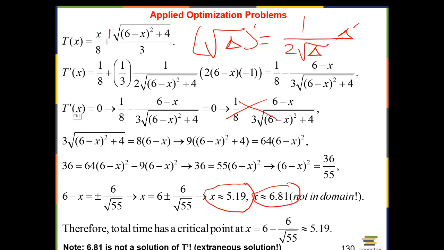Because the derivative really is not defined at 6, because 6 makes the radical not defined, but we set the derivative equal to 0 to find these two numbers, right? So this is a number we're going to see in the graph in a second, what we do with this. But let's think of 5.19 in a second.